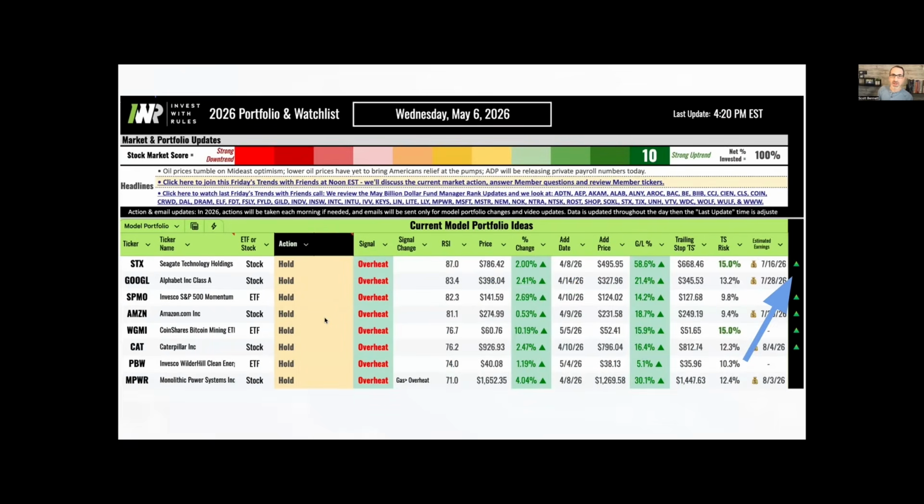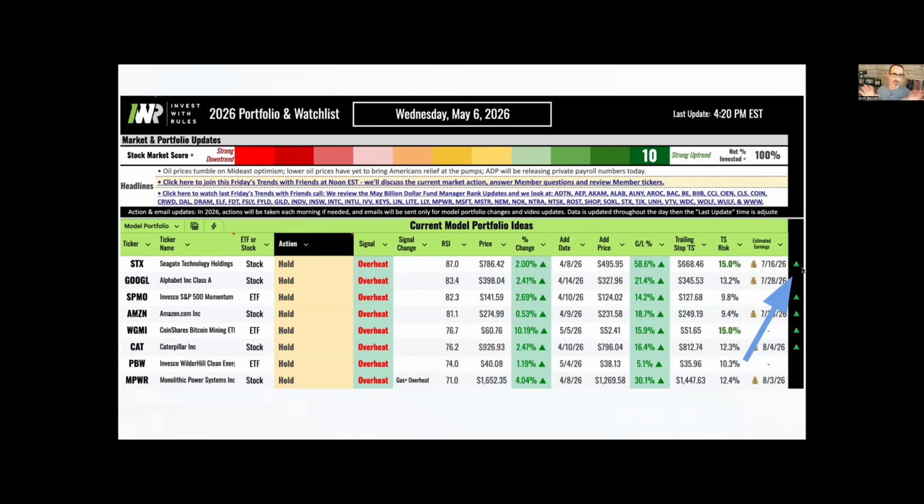So this was taken on Wednesday. Remember, Wednesday was a great day. Thursday wasn't. Today is. So these arrows are now on the far right-hand side of the live sheet of our model portfolio. So you'll notice that it will say overheat and it will still have an arrow, so it's higher probability it goes up. It could say possible add, and there probably will be an arrow there.